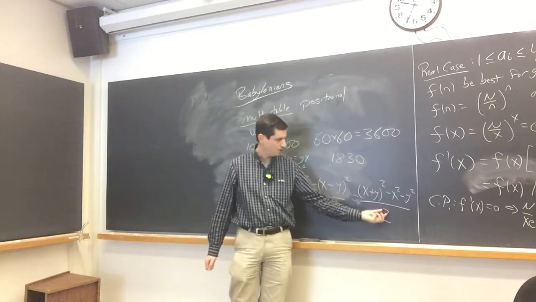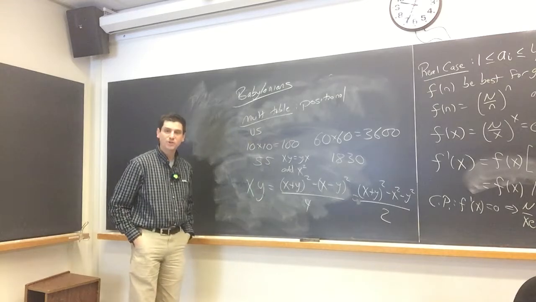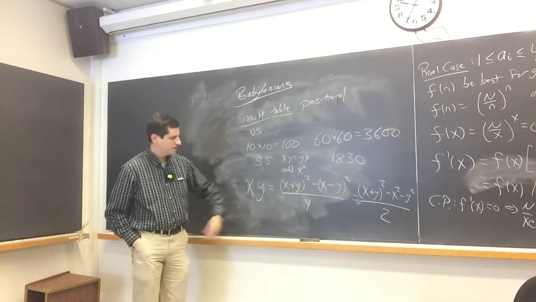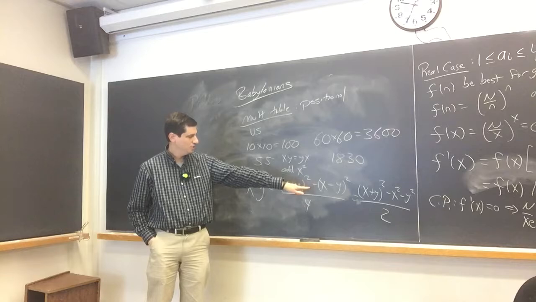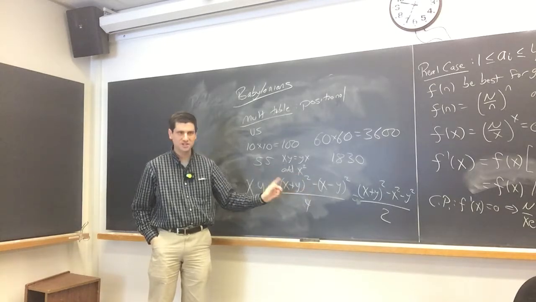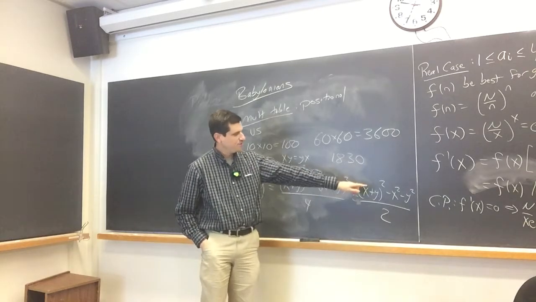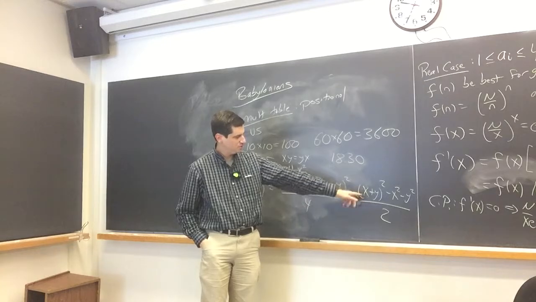This is just 2xy over 2, it's just xy. So rather than multiplying two numbers, I'm going to, in this case, do 2 multiplications, 2 subtractions, an addition and a division. In this case, I will do 3 multiplications, 2 subtractions, an addition and a division.